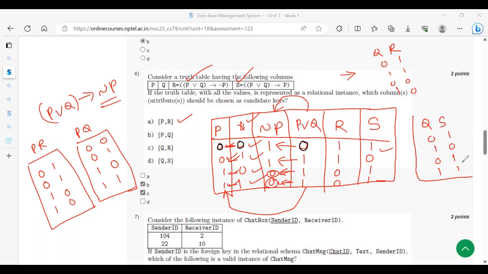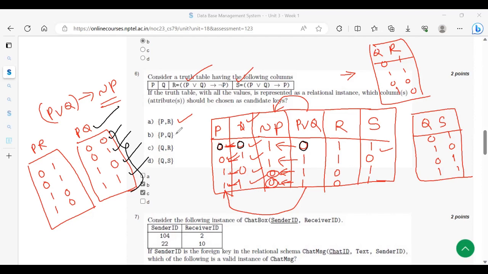Remember, now we are going to find out the candidate key. Here P, Q is correct because it contains all combinations: 0, 0, 0, 1, 1, 0, 1, 1. So P, Q is a correct answer. In P, R, 0, 1 is there and 0, 1 is there again, and 1, 0 twice, so duplicates come.